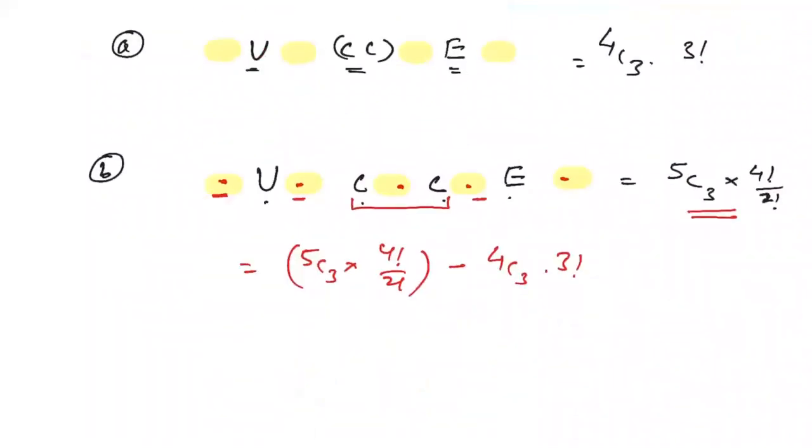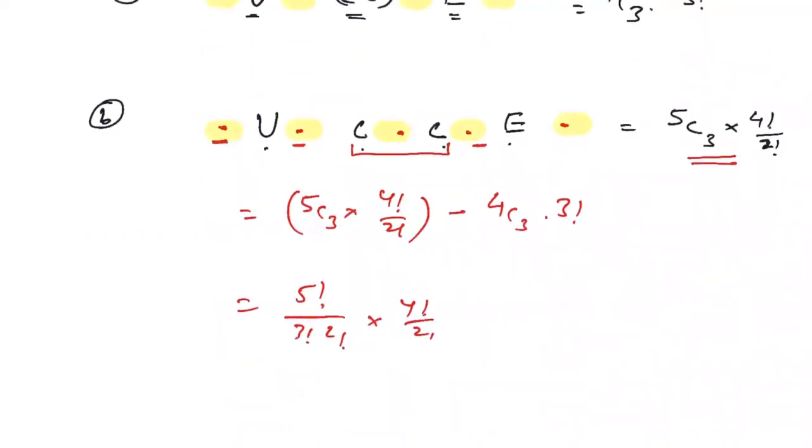So this is 5C3, factorial 5 by factorial 3 factorial 2, into factorial 4 by 2. 5 into 4 is 20, into 6 is 120, minus this 24. So I'm getting 96 as no two C's, no two S are together in this case.